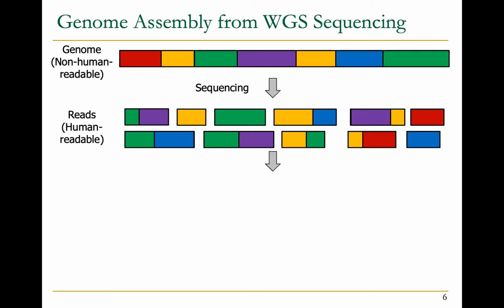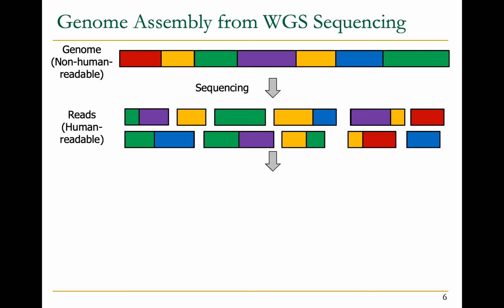Our genome, let's say our human genome, itself is in a non-human readable form, right? We just take your cell, and out of it we take the DNA, but it's not in a human readable form. We cannot easily do analysis on it.